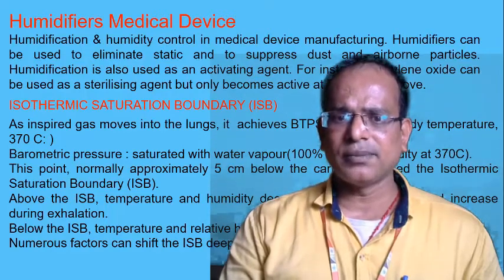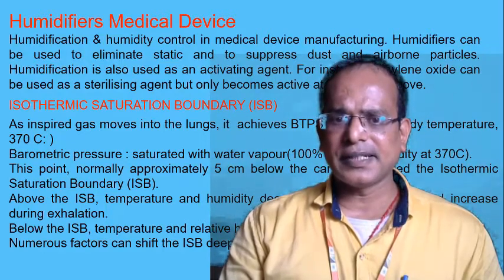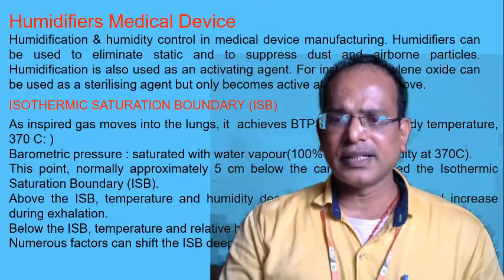This point is normally approximately 5 cm below the carina, and is called the isothermic saturation boundary, abbreviated ISB. Above the ISB, the temperature and humidity decrease during inspiration and increase during exhalation. Below the ISB, the temperature and relative humidity remain constant, as indicated by BTPS.